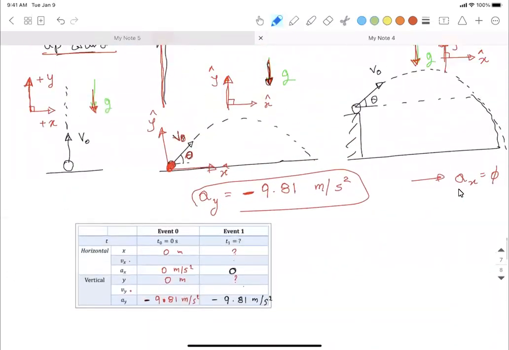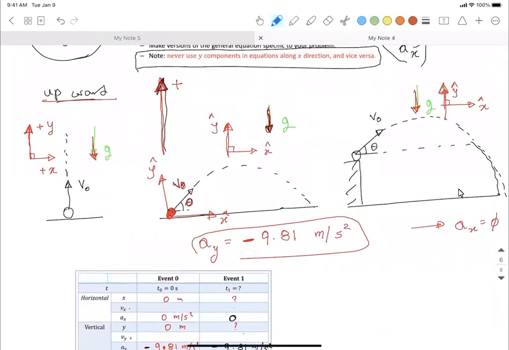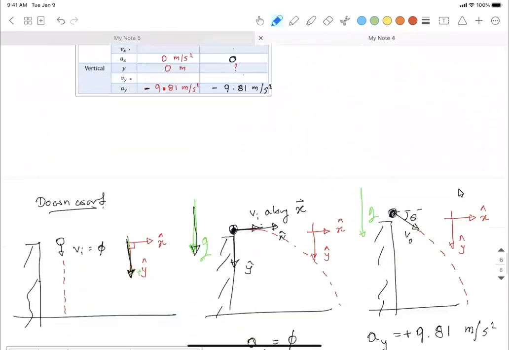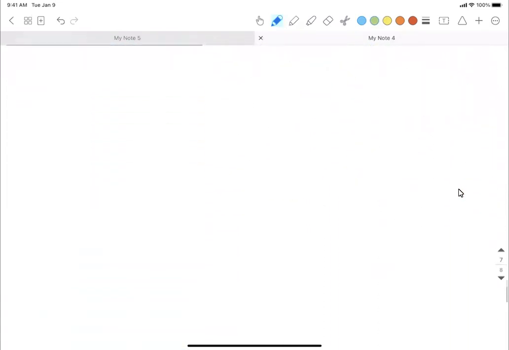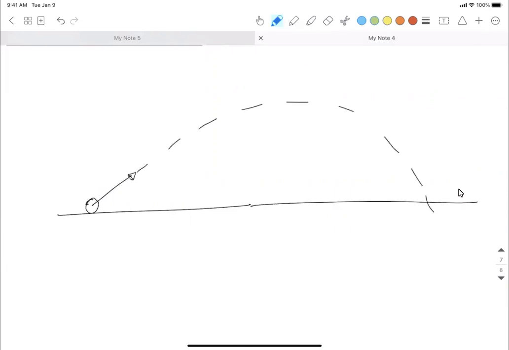Now, one last thing, everyone. Whenever you have these types of motion problems, you are projecting something with an angle. It will do projectile motion, initial v naught with an angle theta. If you need, you can pick, okay, right here, let me call it event 1 when it starts.